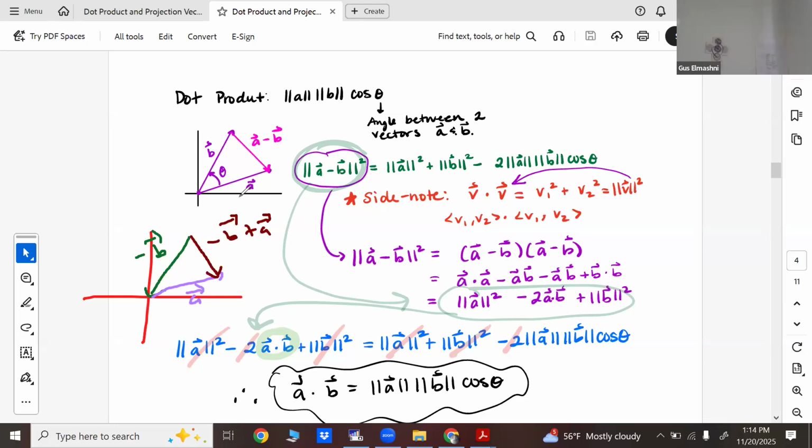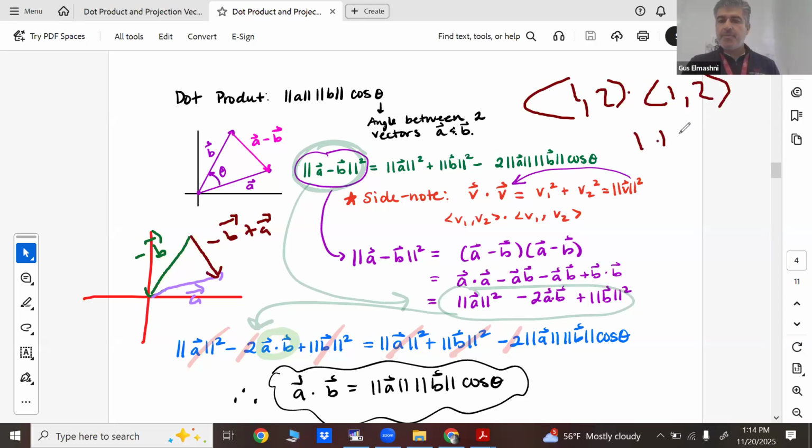Okay, so this is the one part I wasn't really sure about, and now I'm more sure about it. Whenever you do a dot product of a vector with itself, it's going to wind up becoming the magnitude squared. The reason that's true: if you come up with a hypothetical vector, like say 1, 2, and you dot it with itself, what's the dot product? 5, right?